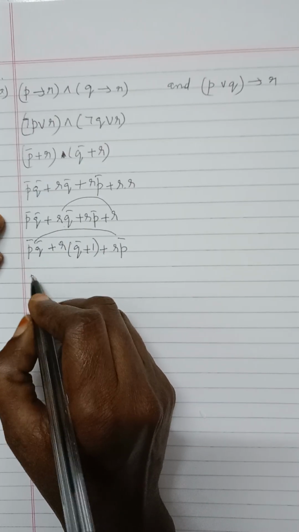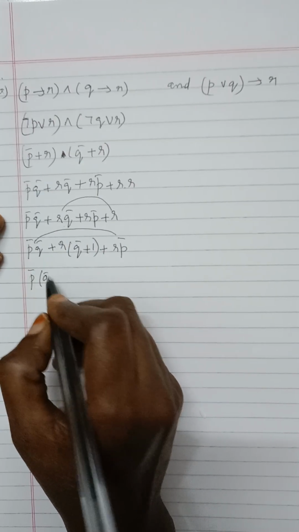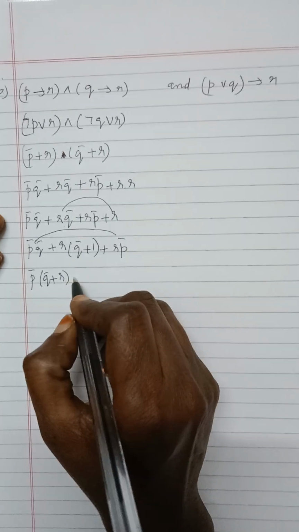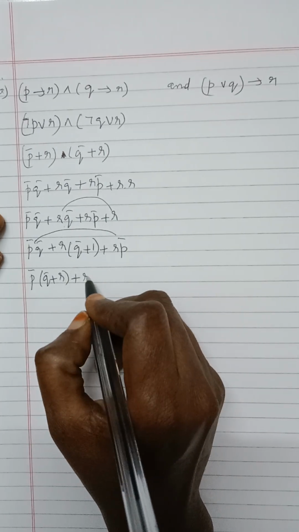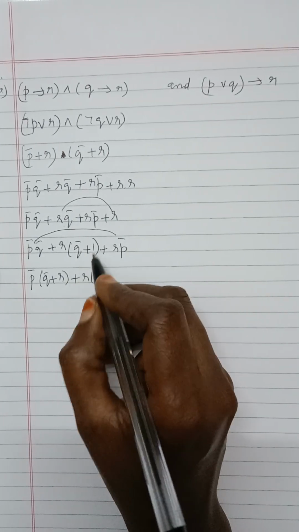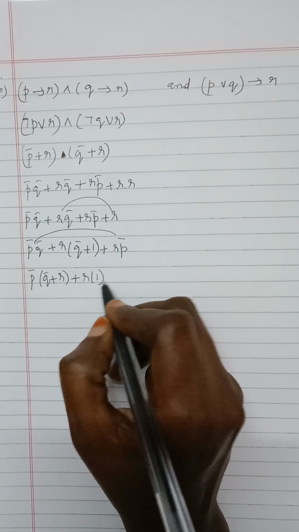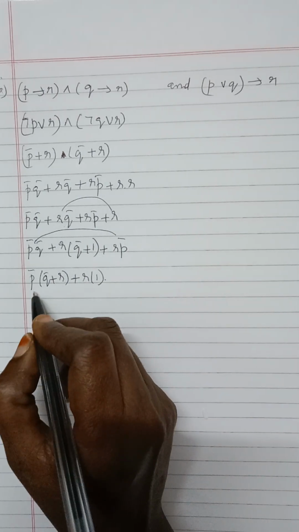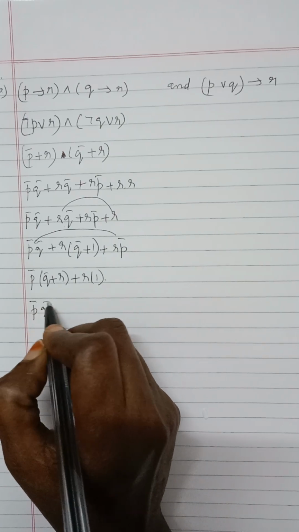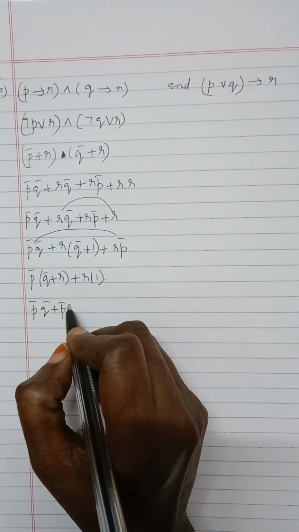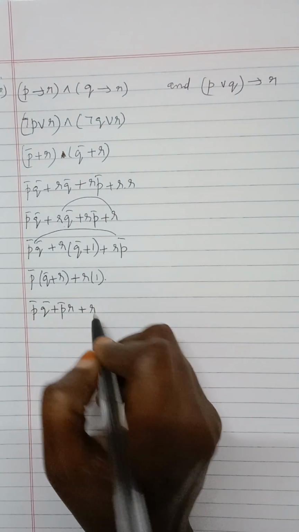So what is common here? P bar is common: P bar into Q bar plus R, plus R into Q bar plus 1. Q bar plus 1 is what? Anything plus 1 will be 1 only. So R into 1. So the value is P bar Q bar plus P bar R plus R.